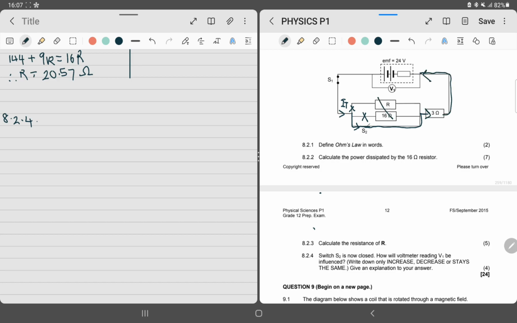So there'll be no current through there. So we are removing the parallel combination altogether. This means that R external decreases. When the resistance decreases, the current increases.